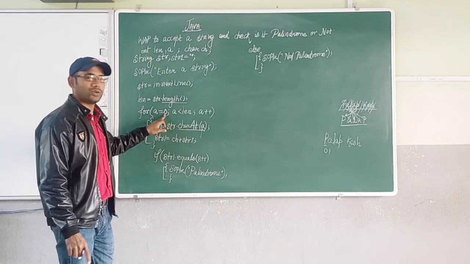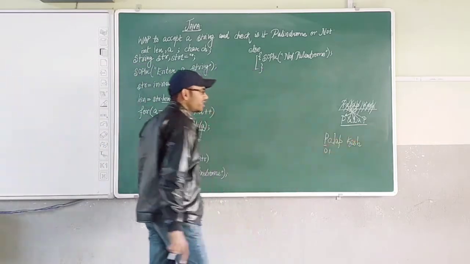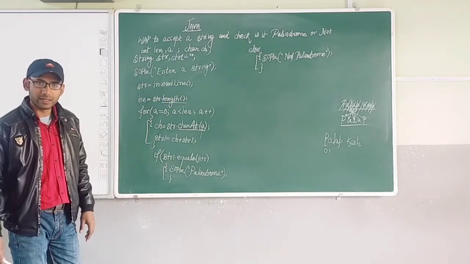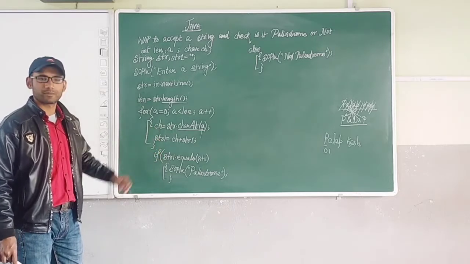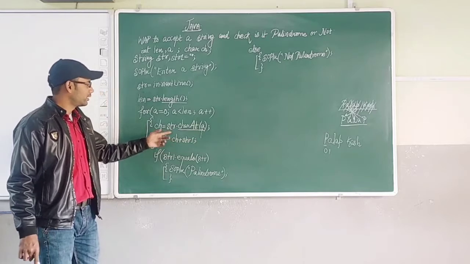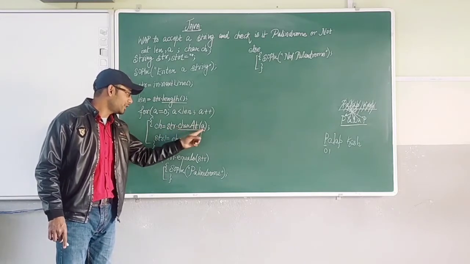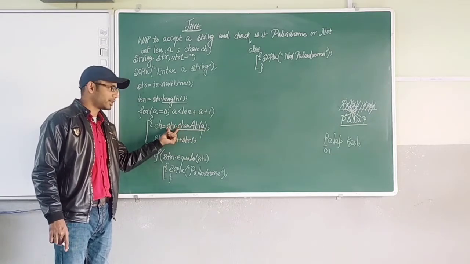Value of a is 0. So at the 0th position of this string, which character is present? P, right? P is present. So P will be stored in ch. This particular thing states, take out the individual character at position a, from which string? str.